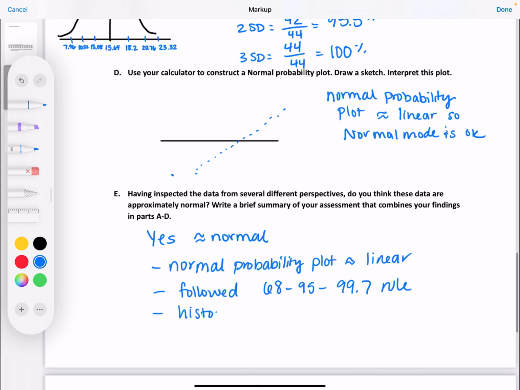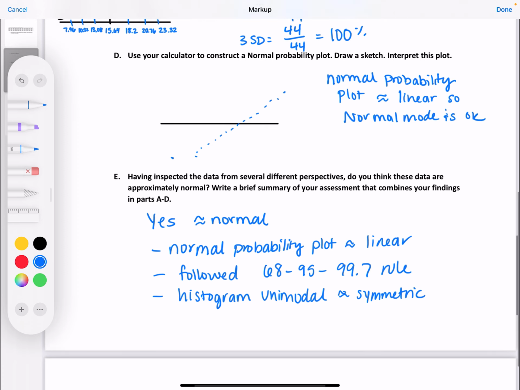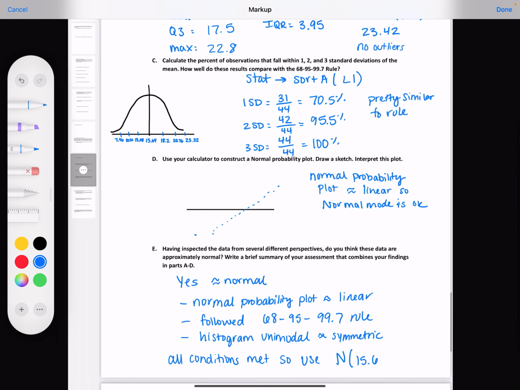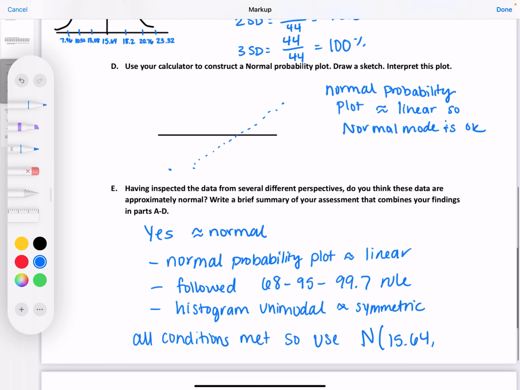Histogram was unimodal, approximately symmetric. So all conditions that we mentioned are met. So we can use the normal model for 15.6, what was it? 4 and 2.56.